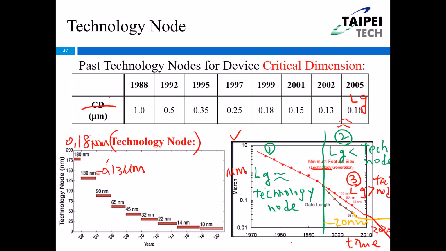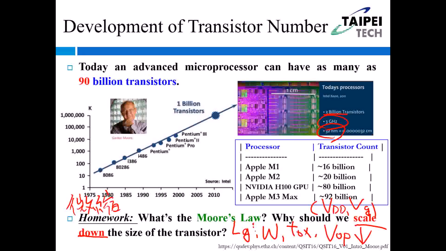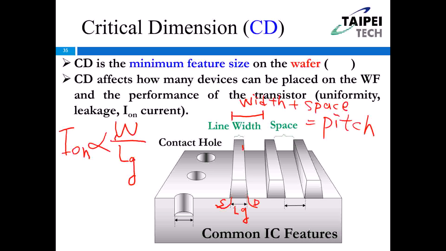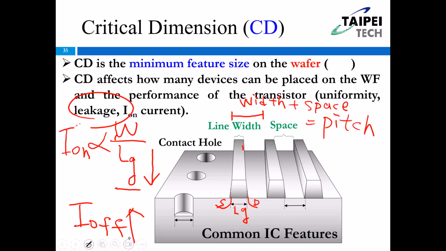And why can't we scale down the gate length? Do you still remember? If we continuously reduce the gate length, what happens? The leakage current will be increased. The leakage current is the off current. The off current will be increased. You cannot turn it off.